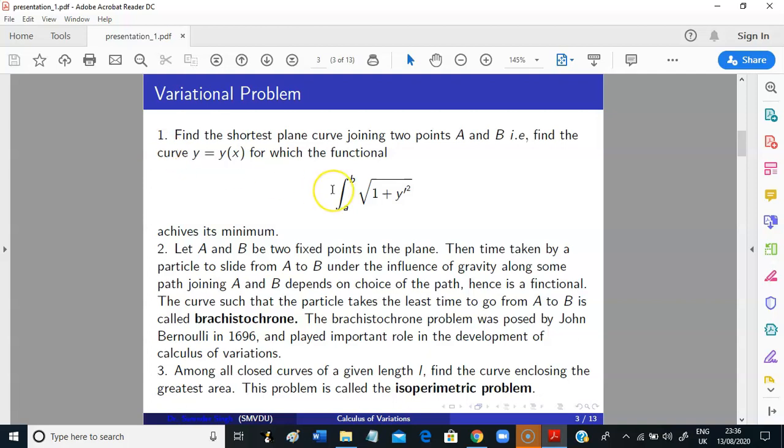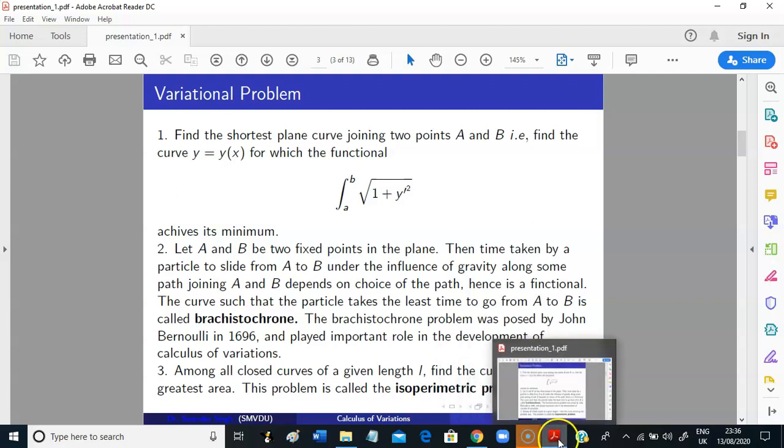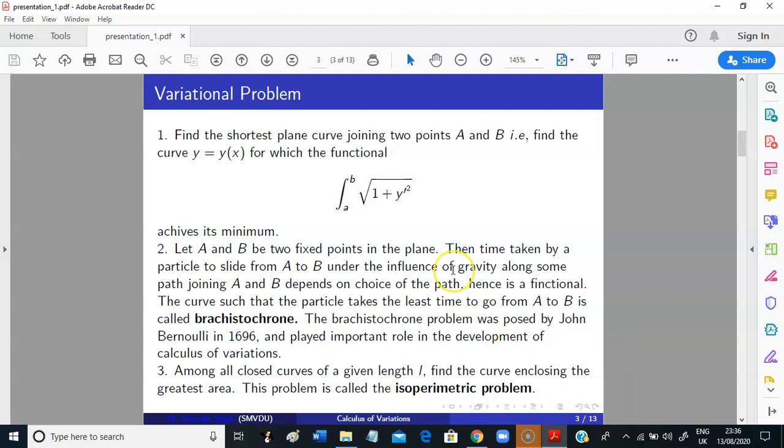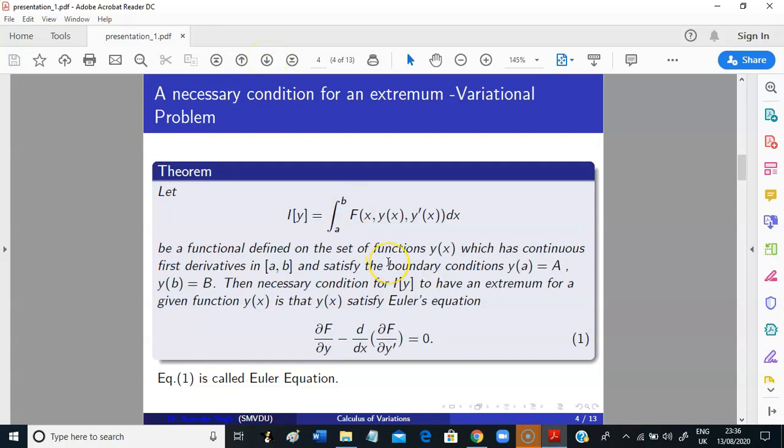First one was the minimization problem, where we had to find some curve along which the distance between 2 points is minimum, and here was the minimization of time, and here was the maximization of area for a curve of given length. So the problem can be of maximization and of minimization. So in general we are calling it an extremum. It can be minimum or maximum.